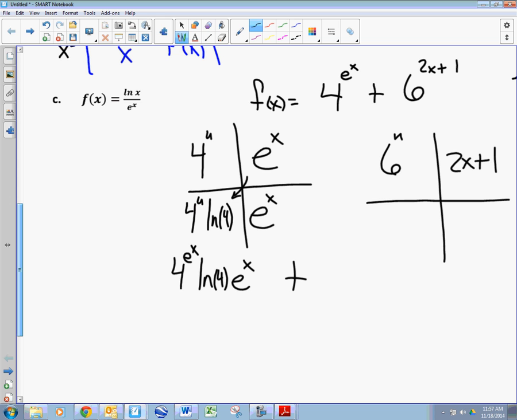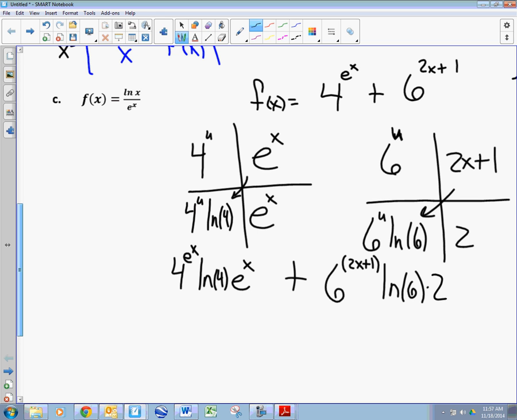It's the derivative of 6 to the u. What's the derivative of 2x plus 1? So we get 6 to the 2x plus 1 times the natural log of 6 times 2.